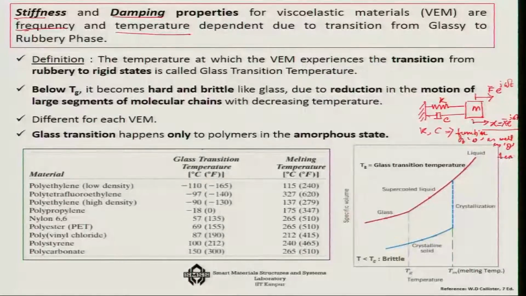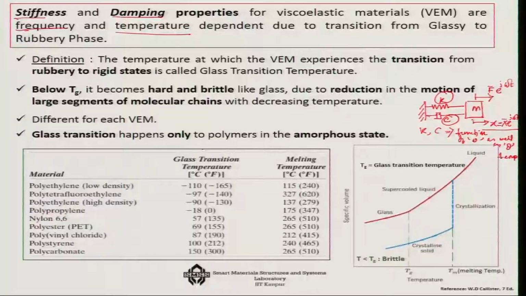So, our life will be more complicated, because the parameters you usually treat as constants in the Kelvin-Voigt model, stiffness and damping, are no longer constant; they will be functions of temperature and frequency.